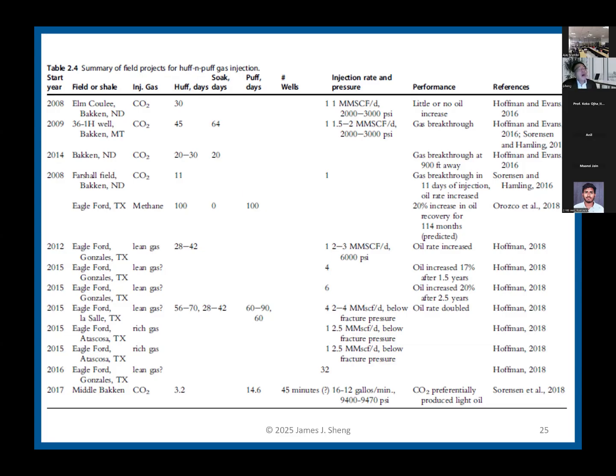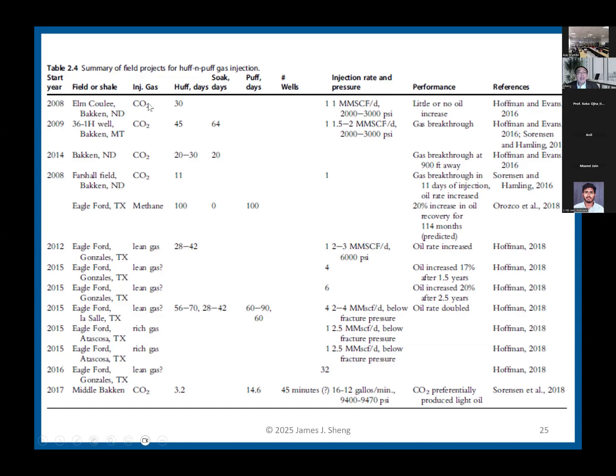So when you inject gas in this well, it's probably going to break through at neighbor wells, which are non-Huff-n-Puff wells. So in other words, this gas breakthrough is gas breakthrough to the neighbor wells.